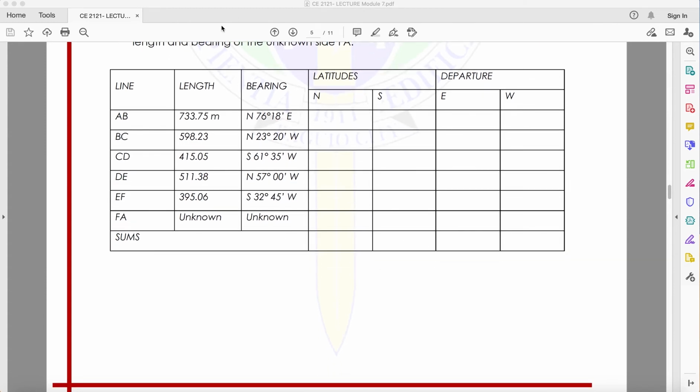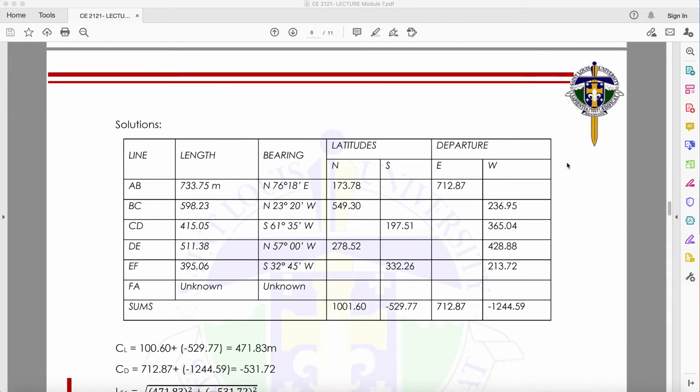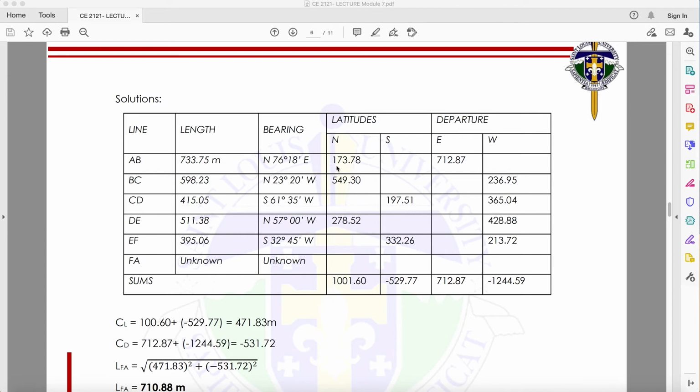From our previous module, we were able to solve for latitude and departure. By now, you should know how to solve for latitude and departure. So, we have here the latitude, already solved, and we have here the departure.